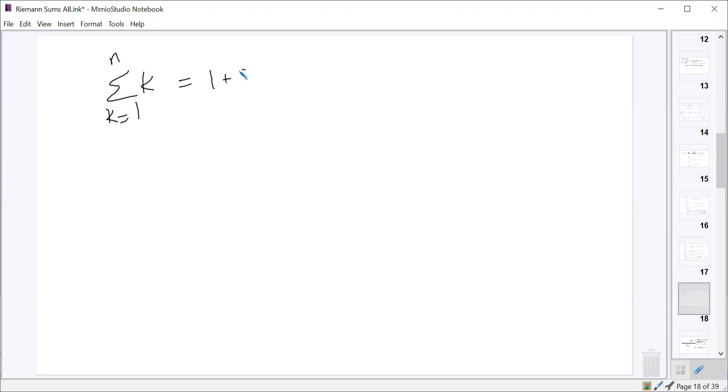That'd be 1 plus 2 plus 3 all the way up to the number before n, and then n. Everybody agree that that's what that should be? Yeah, okay.